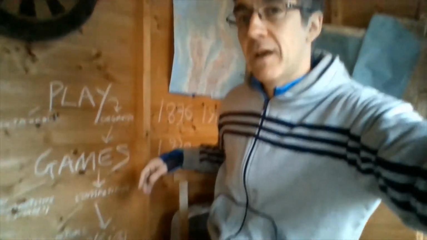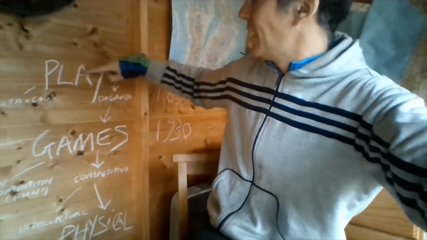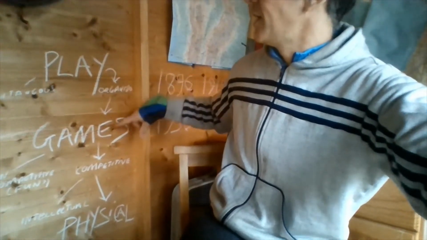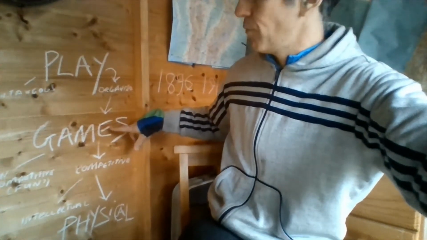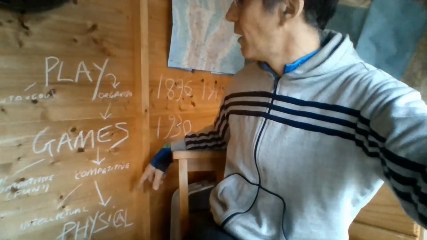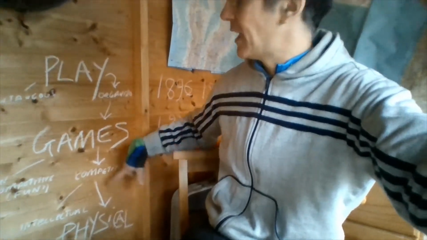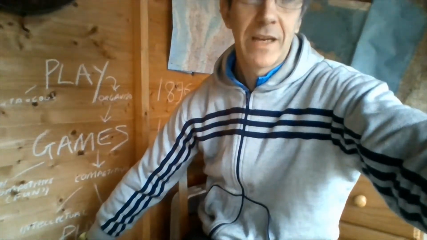So there we have, just to have it clear, play is organised, it's a competitive game rather than a non-competitive one, and it's physical as opposed to intellectual. So that's your definition of sport.